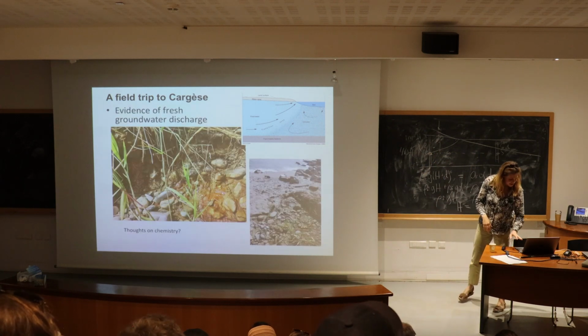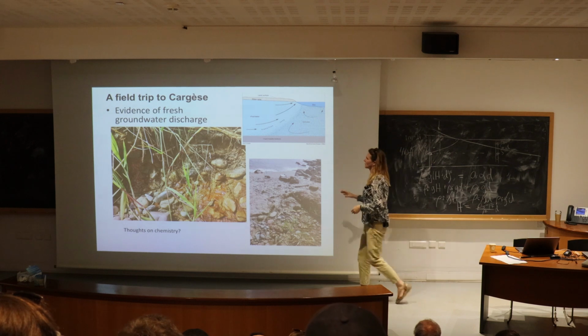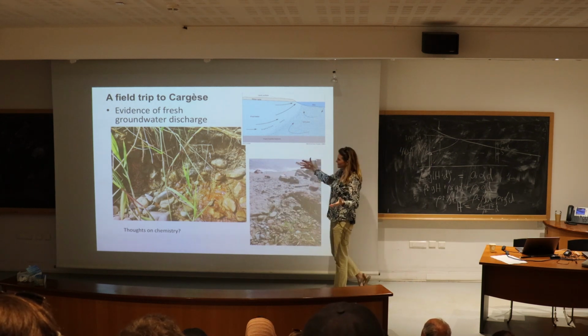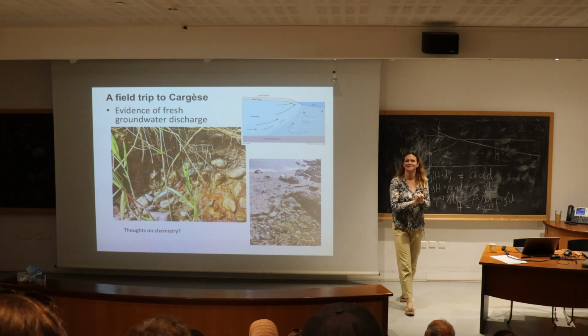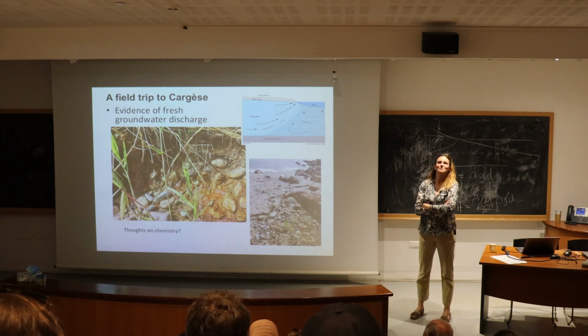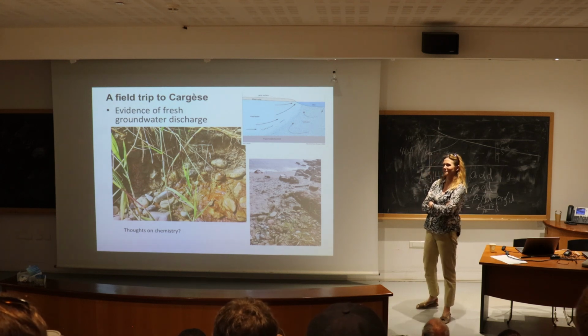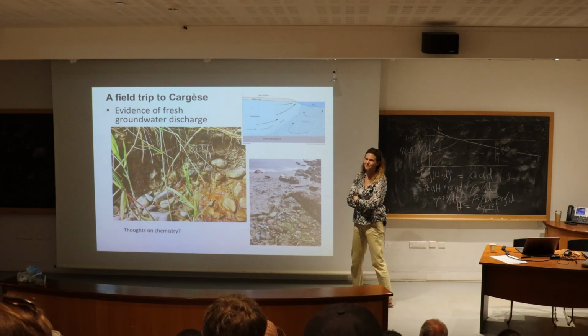Let's think about some other things that are going on here. So I walked around and here's some fresh groundwater coming out. What do you guys see here? Do you see any signals of what might be going on with the chemistry? Yeah. So what is probably the chemistry of this groundwater?